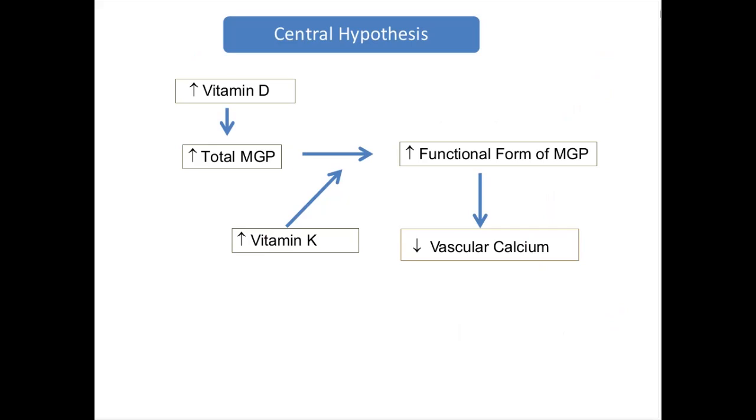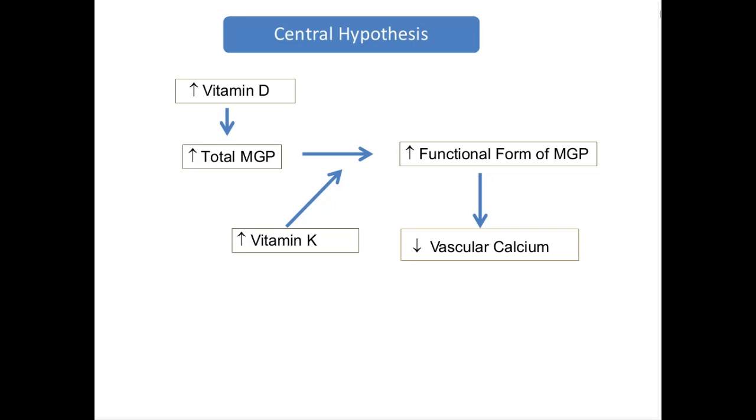So the hypothesis is that this matrix GLA protein is formed, and in the presence of vitamin K, it converts to the functional form, and the functional form binds to calcium and stops it from progressing. So here's your precursor protein, here's your functional protein. To get from the precursor to the functional, you need vitamin K, and when it's functional, it binds to calcium, so it stops calcium from progressing in your arteries. And this is where vitamin D comes in.